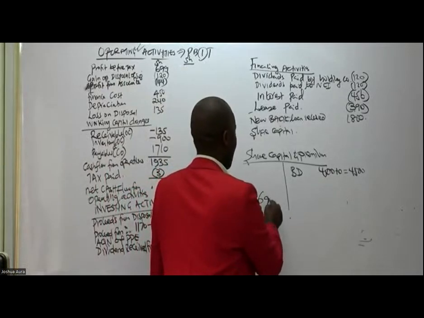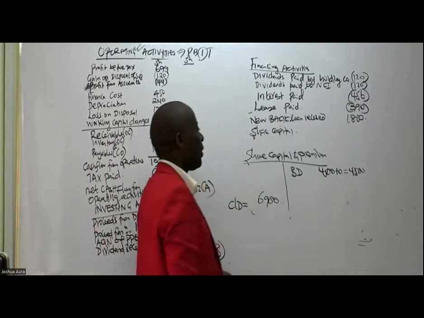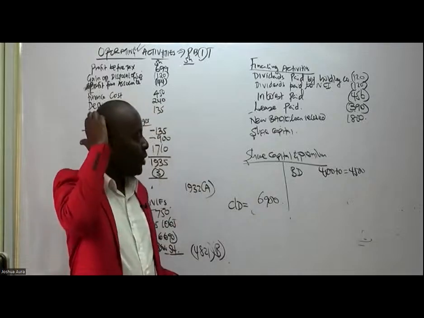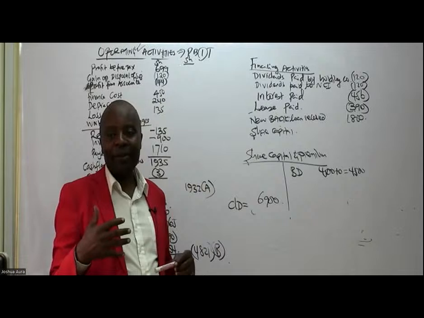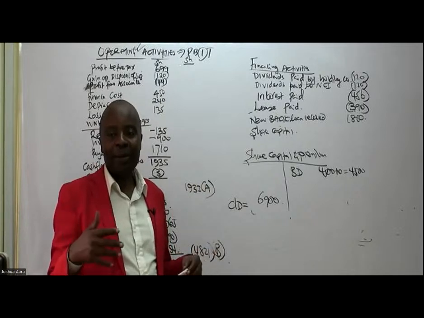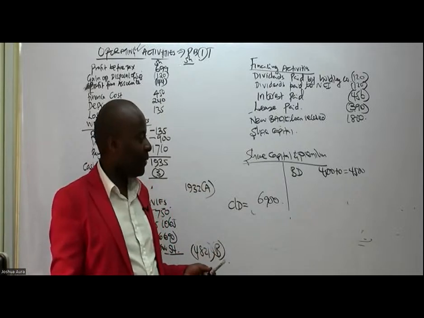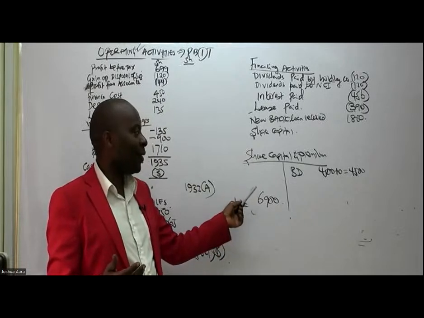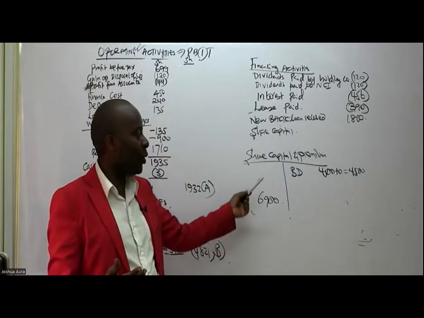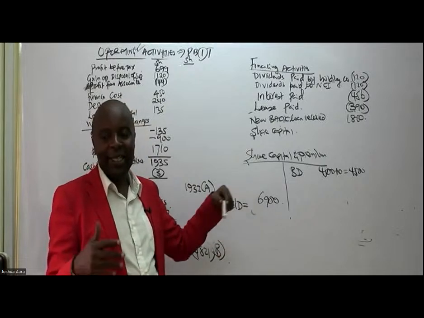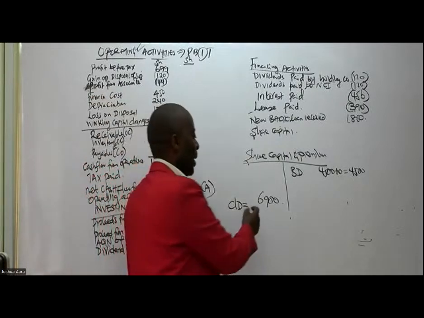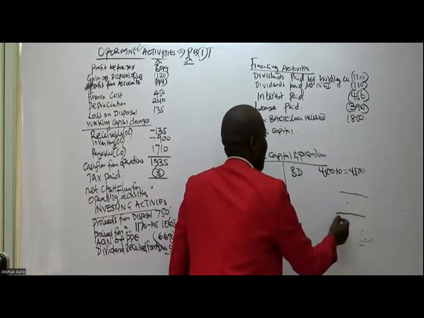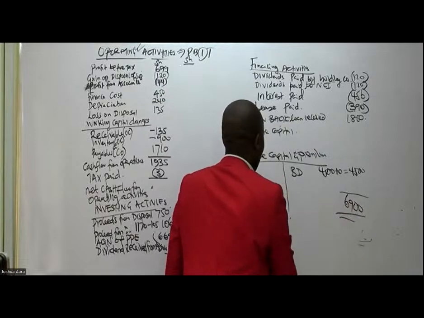If, for example, in the period we had some other things like bonuses, they would have affected straight away and been brought here. But here there is really nothing much. We only need to get the balancing figure.